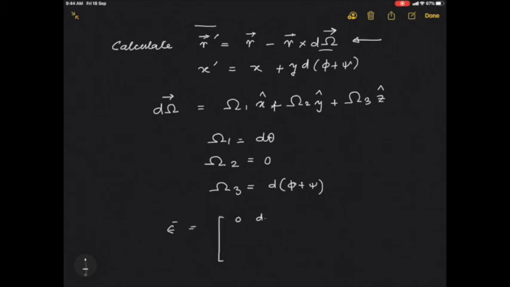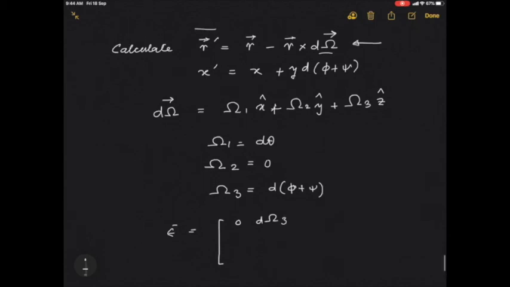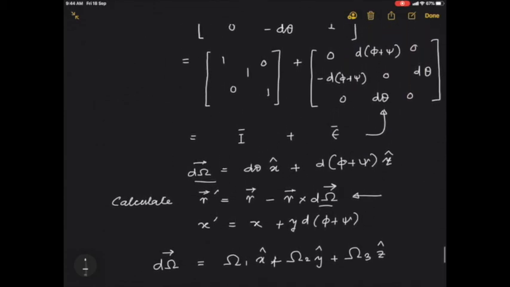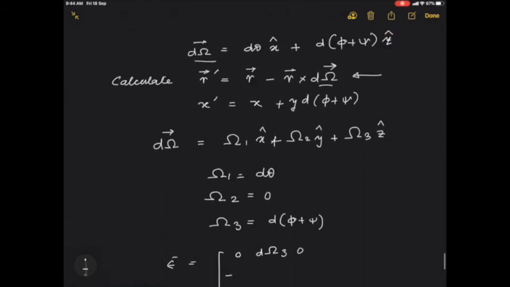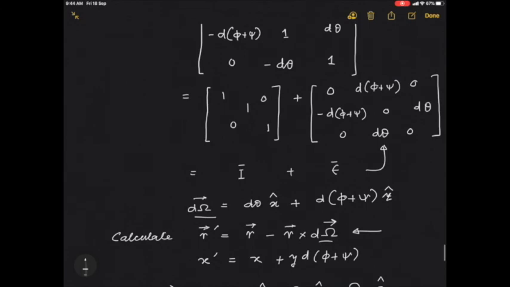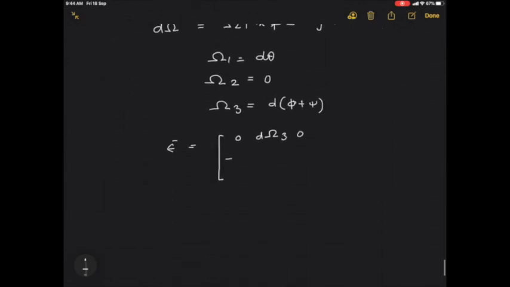So I can write epsilon also in this way. Omega 3 was d of phi plus psi here, so then 0.